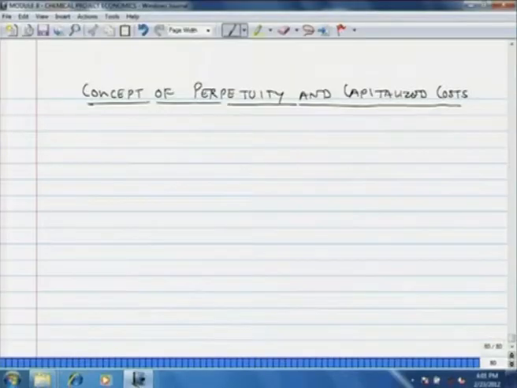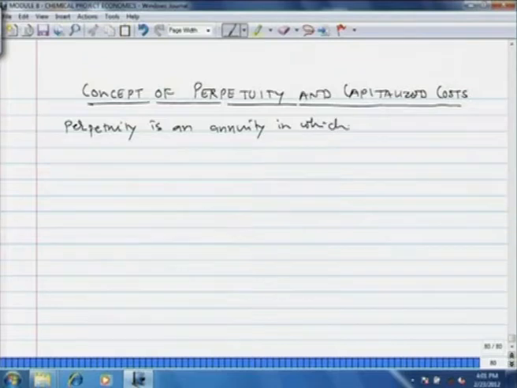Okay. By definition, perpetuity is an annuity in which periodic payments continue indefinitely. Let us note, perpetuity is an annuity in which periodic payments continue indefinitely.